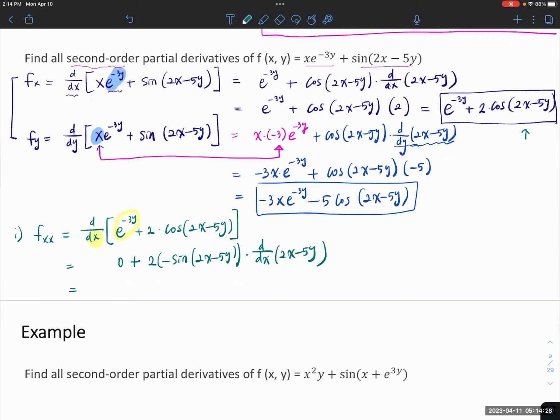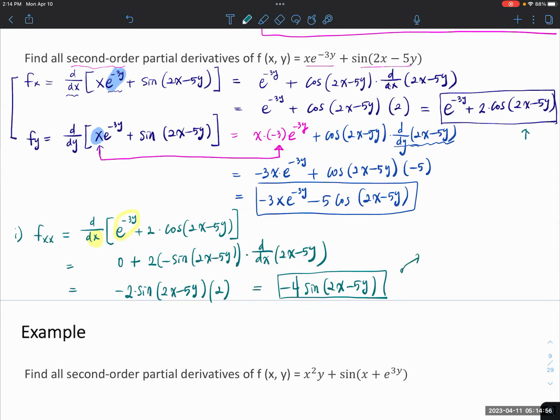So therefore, 0 and negative 2 sine 2x minus 5y. And then you're taking only the 2 from x, because negative 5y will be 0. So finally, negative 4 sine 2x minus 5y. Beautiful. This is the second order of the partial derivative with respect to x.